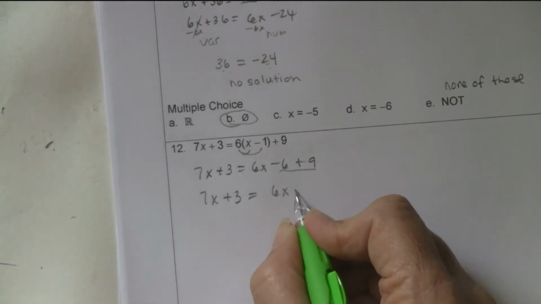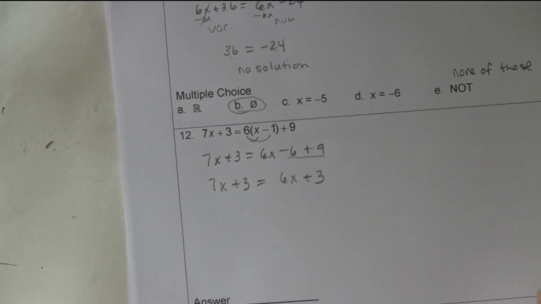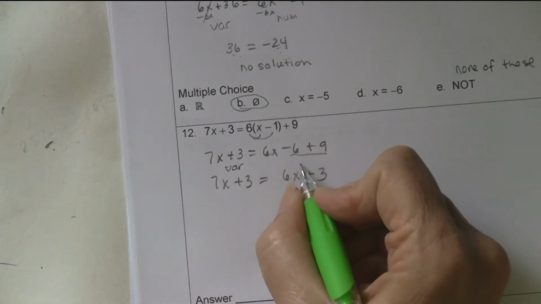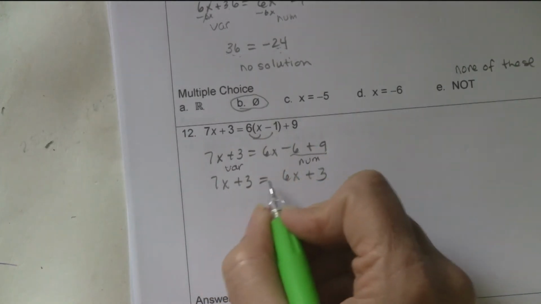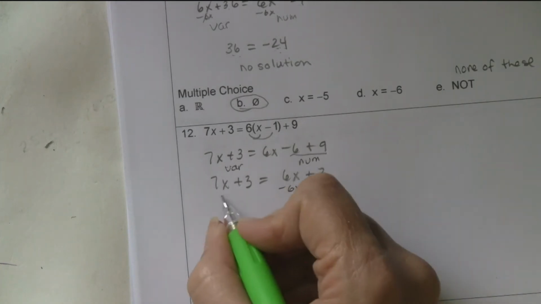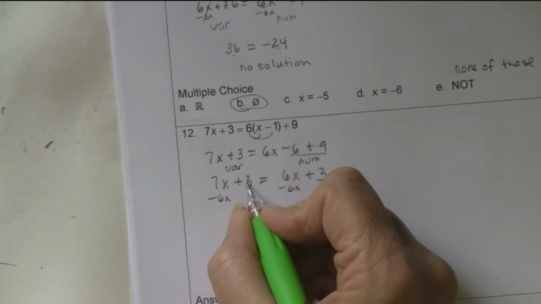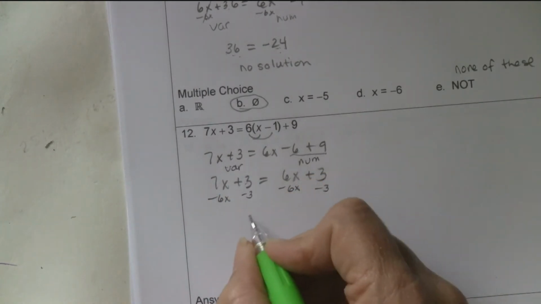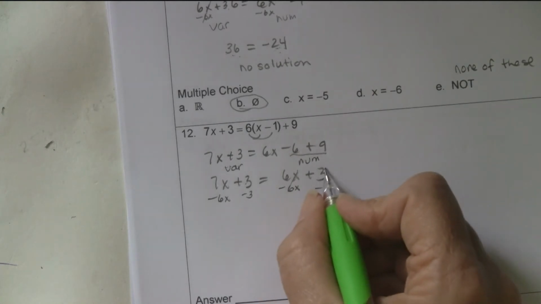So 6x plus 3. So I want to get the variables on one side and the numbers on the other. I made enough room where I could put the variable over here and the number over here. So I'm going to take away 6x because that's a variable on the number side. Take away 6x. I'm going to take away 3 because that's a number on the variable side. And you might say, this makes 0 and that makes 0.